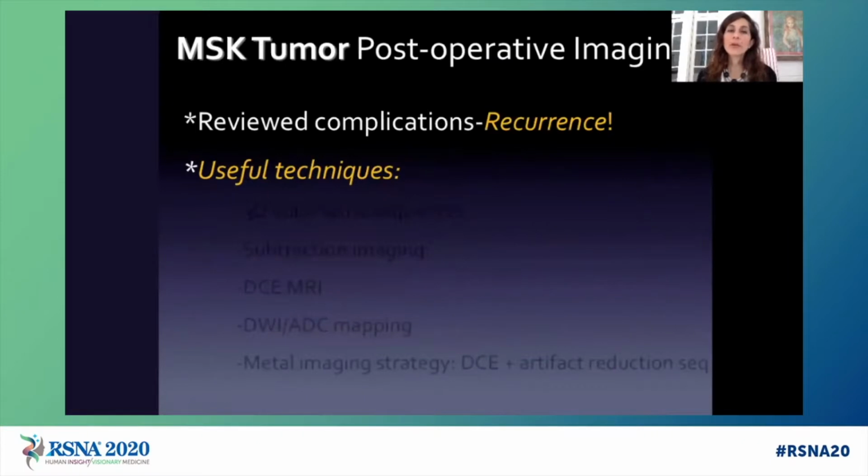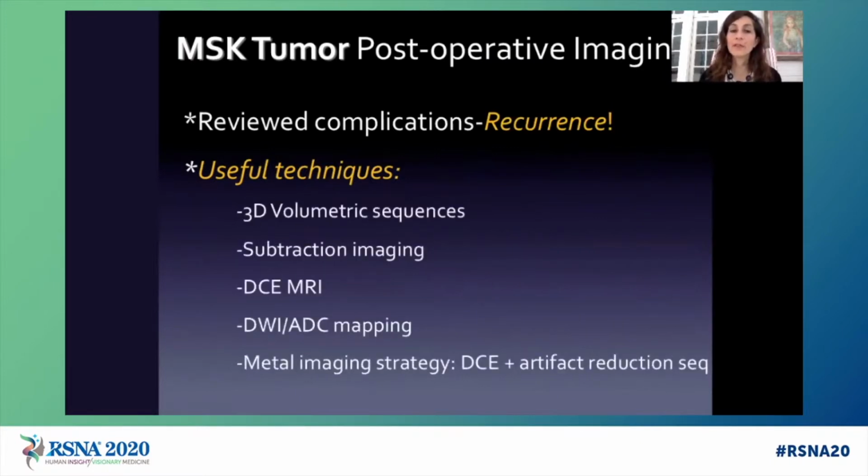And so in this whirlwind tour of postoperative MRI, we reviewed complications and stressed how to detect recurrence using many of these useful techniques. So remember that you can use 3D volumetric T1 sequences, we use subtraction imaging and DCE MRI.